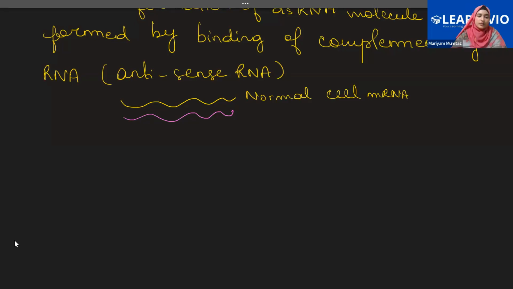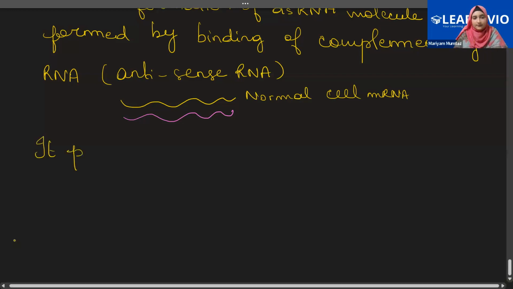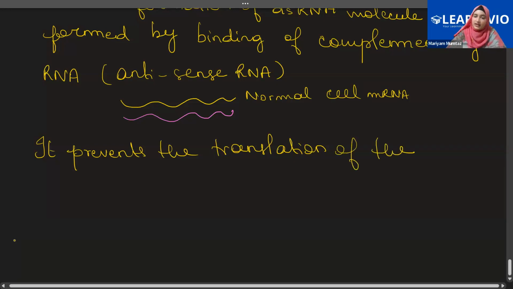Okay. So it prevents the translation. Again, I told you that translation is the expression of the gene because proteins are formed. So it prevents the translation of the original mRNA. Clear, students?